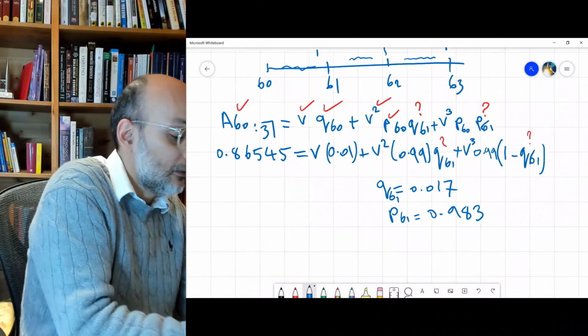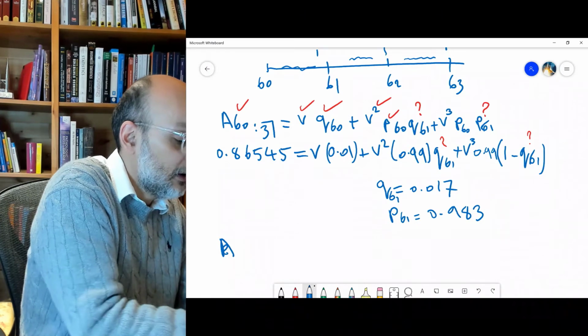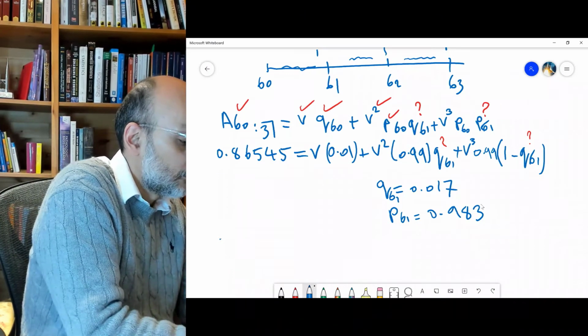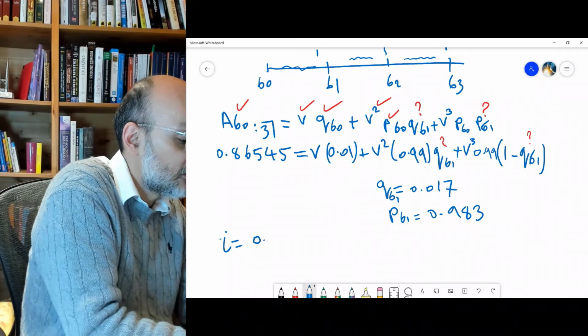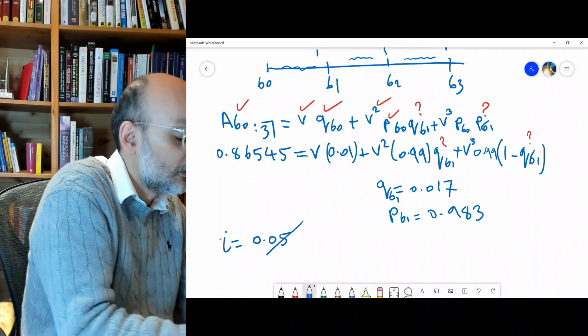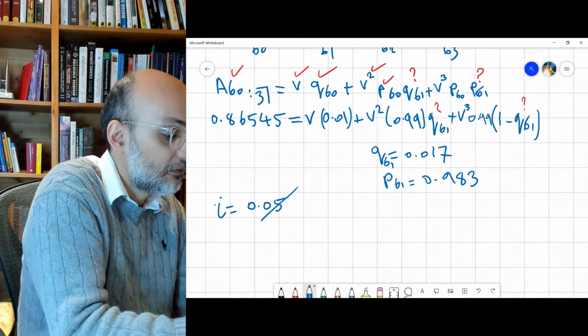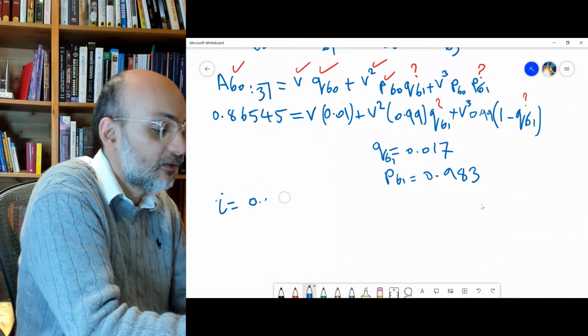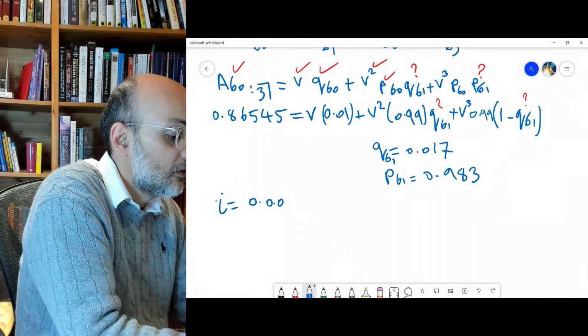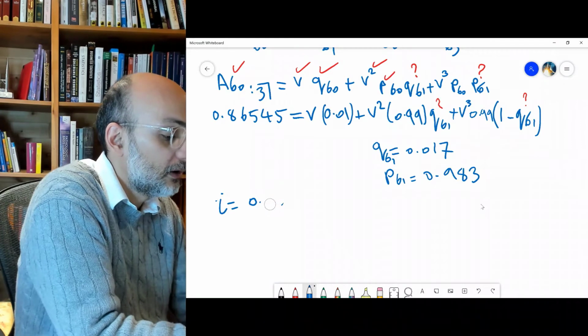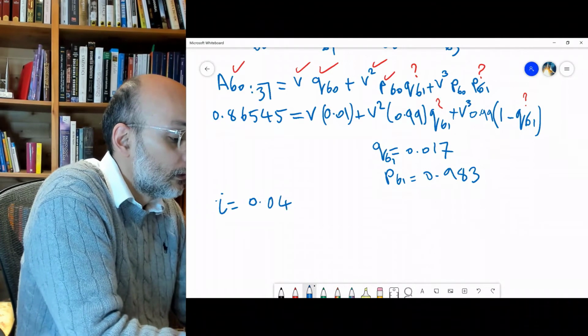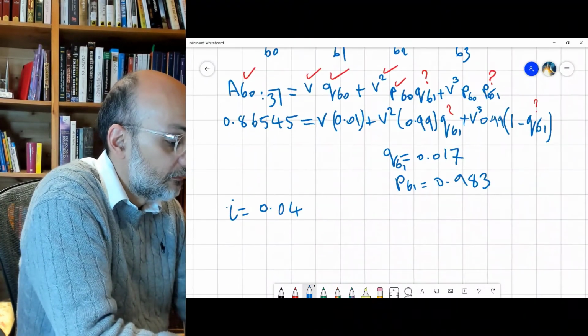Now we need to find what if the interest rate changes. Now it's not 5%. No, now we need to redo it with 4.5%. So now we change the interest rate to 4.5%.